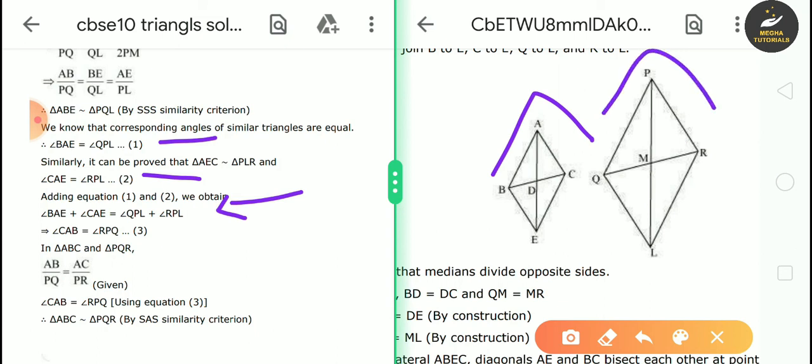This is equation 3. Now consider triangle ABC and triangle PQR, in which it is given that AB upon PQ is equal to AC upon PR, and from this equation you can say that angle CAB is equal to angle RPQ. Therefore, from SAS test, two triangles are similar, that is triangle ABC is similar with triangle PQR.